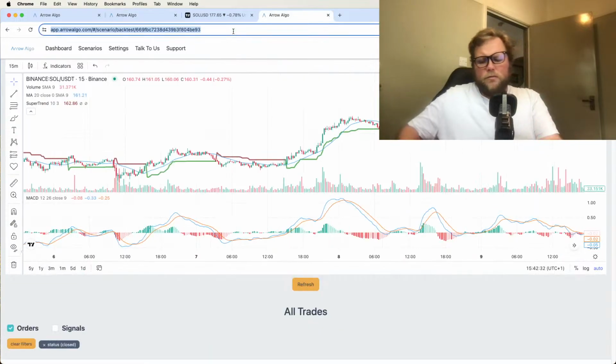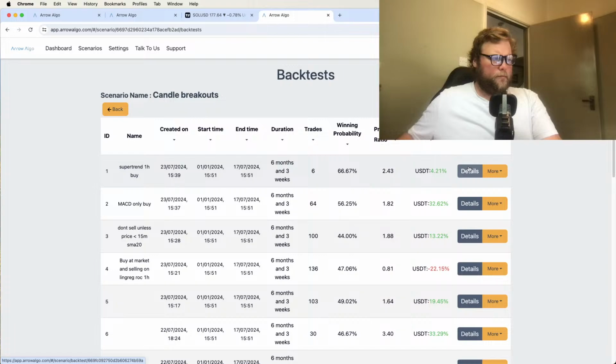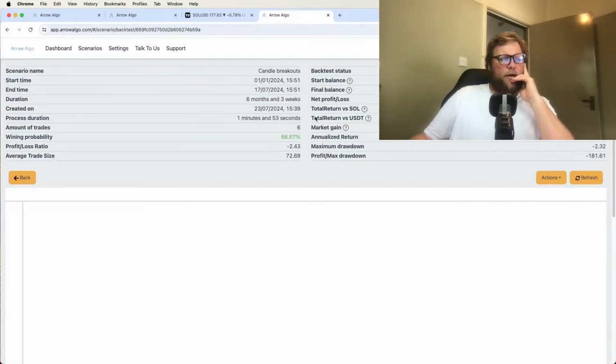While that is loading, we'll just take a quick look at the other results. And interestingly, with the super trend, we had a higher winning probability, but we only had 6 trades.